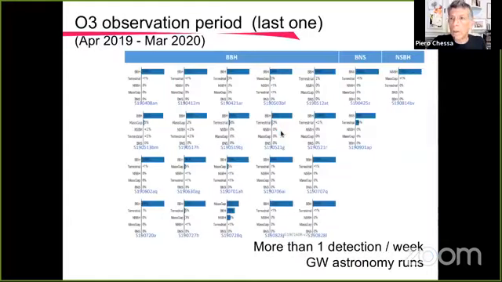So here you see a part of a list of the events that Virgo detected during the last observation period, which was closed at the beginning of the lockdown last year. And if we count them, we see that we have more than one detection per week.